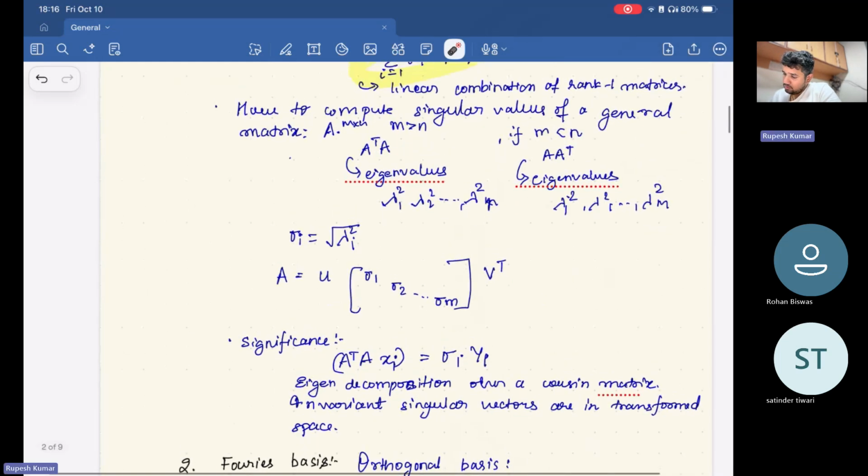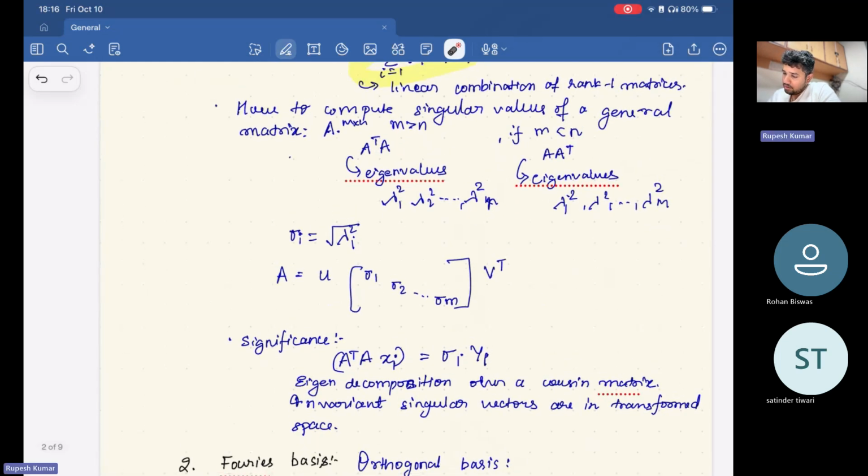Fine. So what was eigenvalue decomposition?